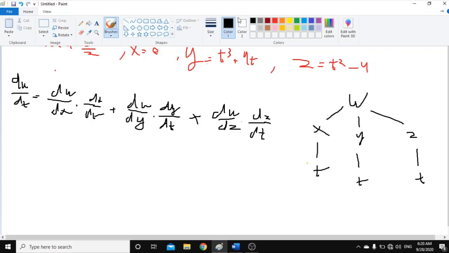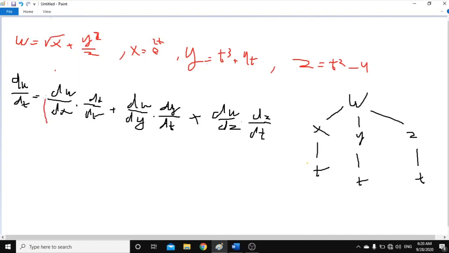So right now, I'm going to find the partial derivatives with respect to x, y, and z first, just to let you know. So solving dw with respect to x.